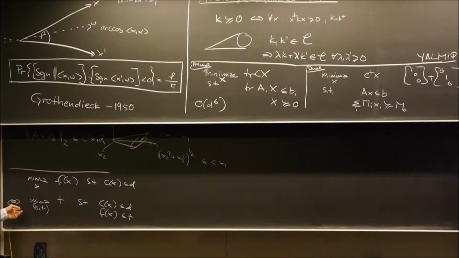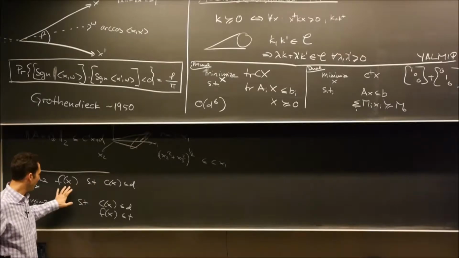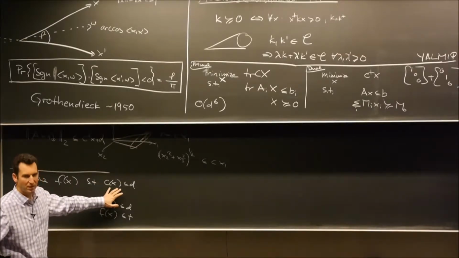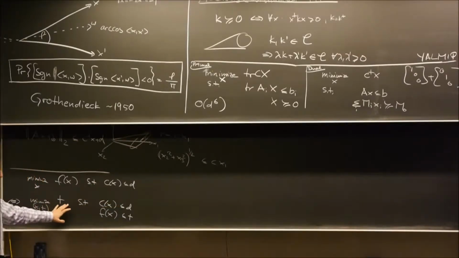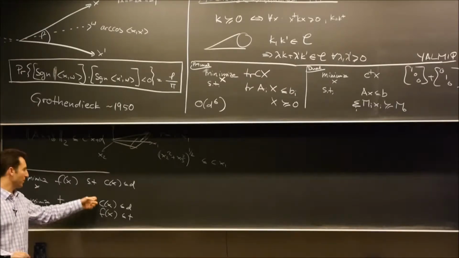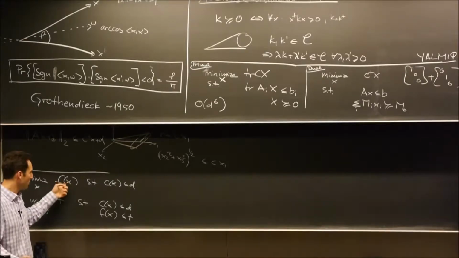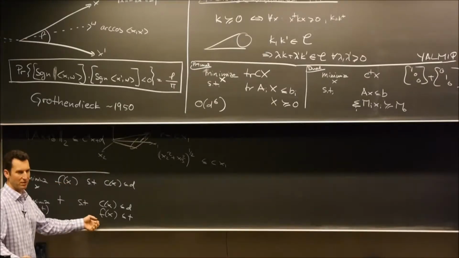So by doing this, I've turned this general convex optimization problem with convex constraints into one which has a linear objective and convex constraints. So this is, for instance, a useful trick if I want to move things from the objective into the constraint set.